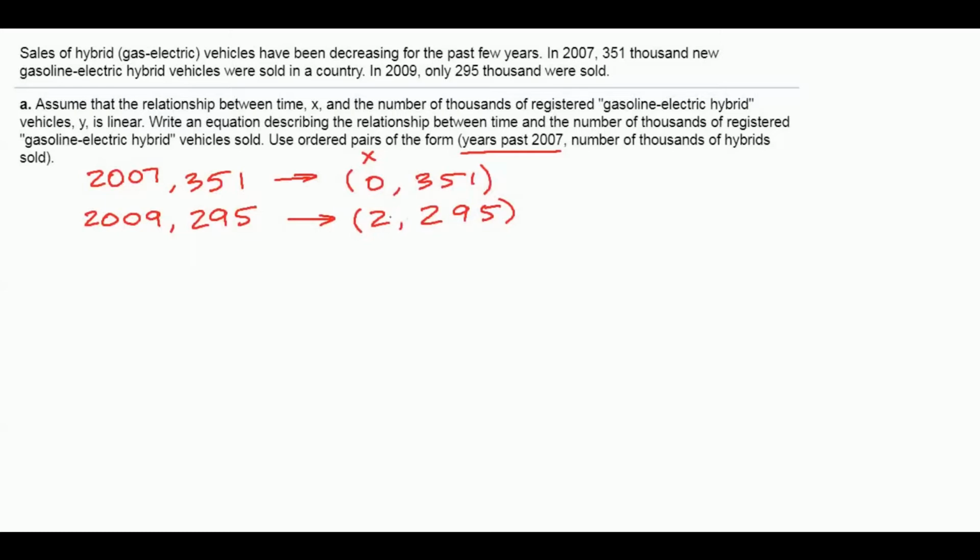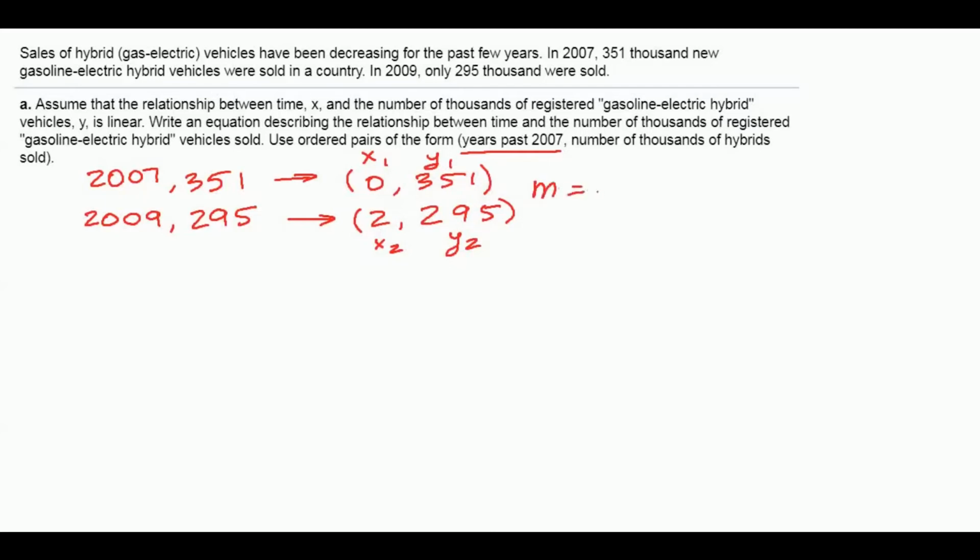But before we will calculate linear equation, we need to find slope of line. Let's call first coordinates x1, y1 and second coordinates x2, y2. Then we need to recall formula for slope.